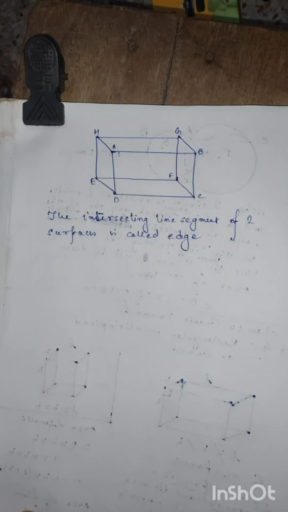The intersecting line segment of two surfaces is called an edge.